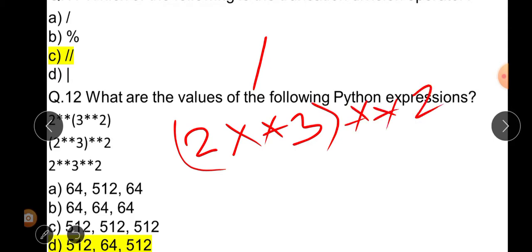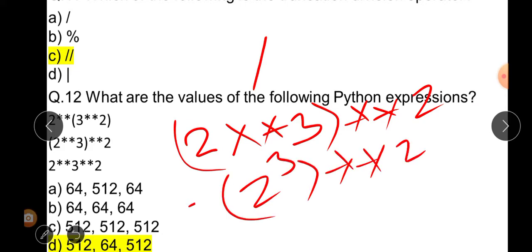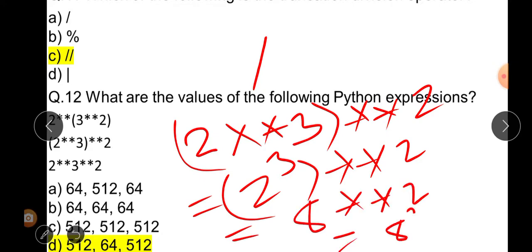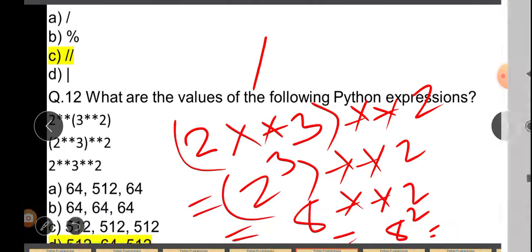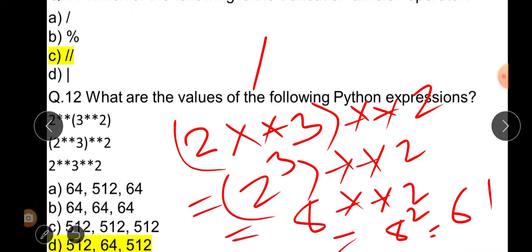So obviously the bracket should be evaluated first. It means 2 power 3 is 8, then 8 double star 2, which means 8 power 2, and 8 power 2 is 64. So 64 is the answer.